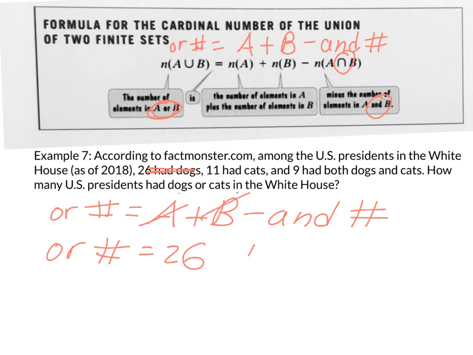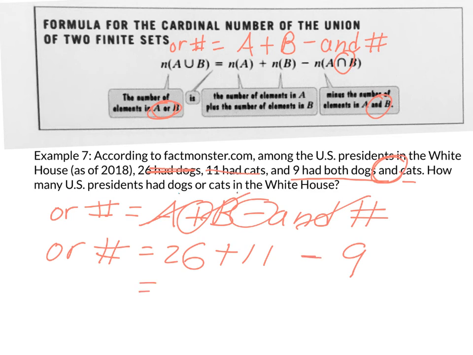So B is now 11, and don't forget to bring down the plus symbol in between those sets. The only number left is 9 had both dogs and cats. It's literally part of the phrase with the word and, which is why I call it the and number. So 9 is the overlap, 9 is the and number, plug it in, and bring down your minus sign. It's part of the formula.